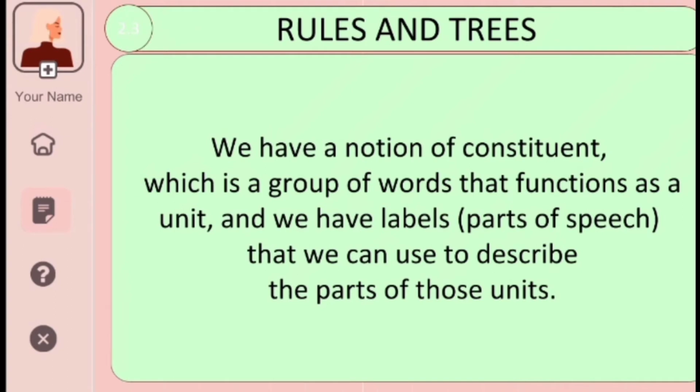So let's put the two of these together and try to develop a description of a possible English sentence. In generative grammar, generalizations about structure are represented by rules. These rules are said to generate the tree. So if we draw a tree a particular way, we need a rule to generate that tree.